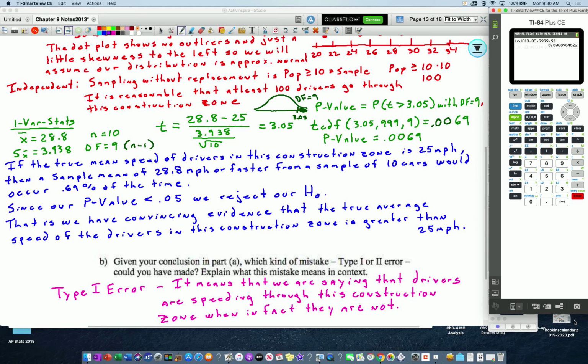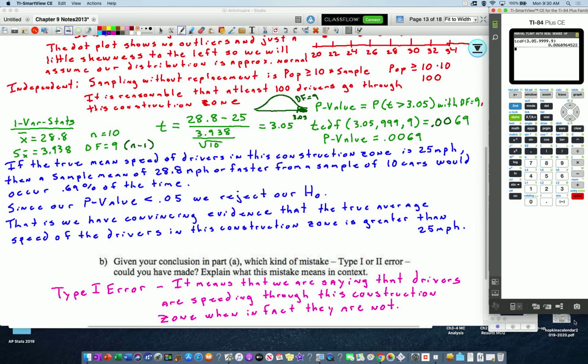So our result is pretty extreme. It's pretty rare that we would get a result like this if they were actually going the speed limit. So since our p-value is less than 5%, we're rejecting it, meaning we have statistical evidence that the average speed of drivers in this construction zone is greater than 25 miles per hour.